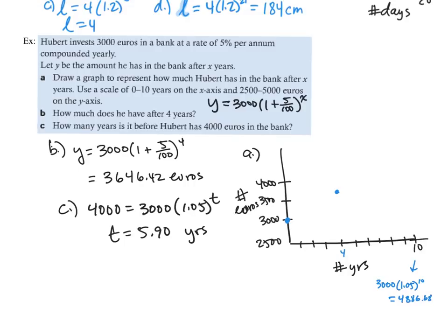So that point would be right about here. Okay, so all right, then draw a nice smooth curve. Obviously this is not very accurate, but anyway, we should be able to see it pretty close to an exponential curve.